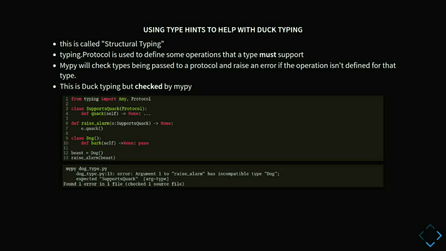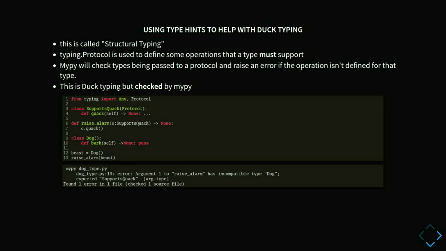So what we do is we create on line 3 a Protocol called SupportsQuack, and see the syntax where we just define the signature of a function, but then we use an ellipsis. And that means we don't care about the body, we're only talking about the function signature.